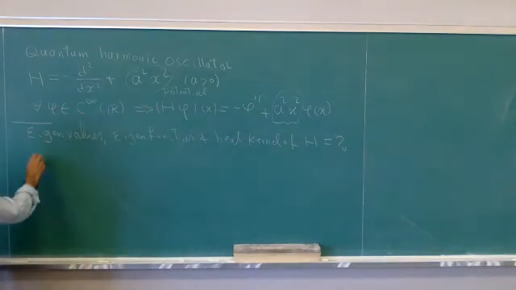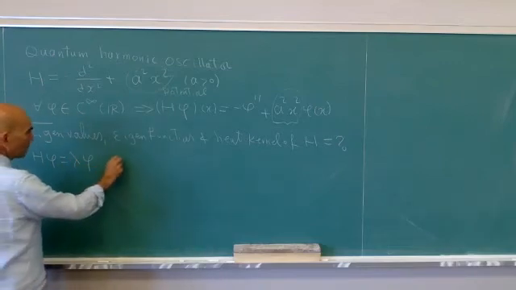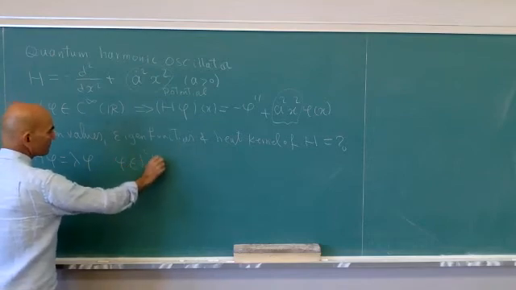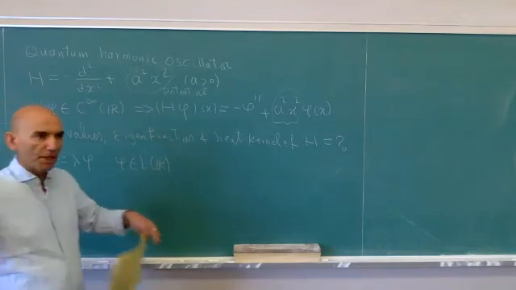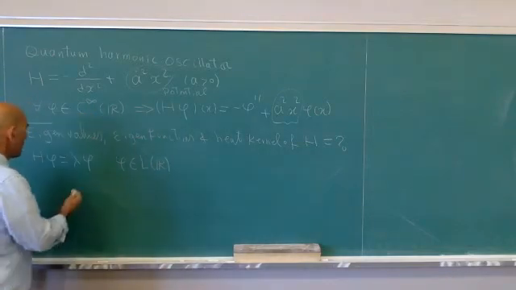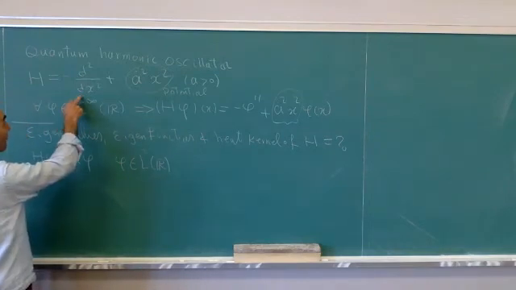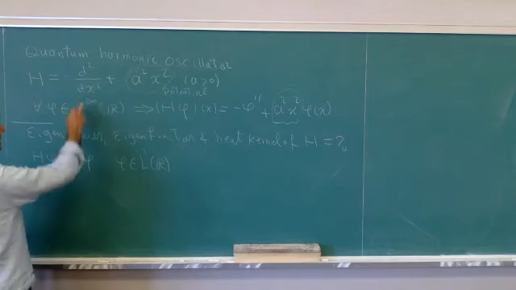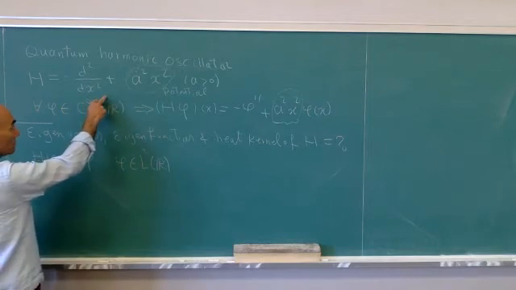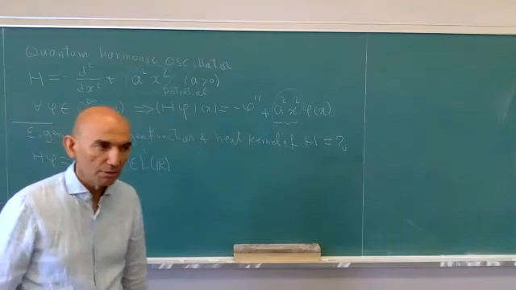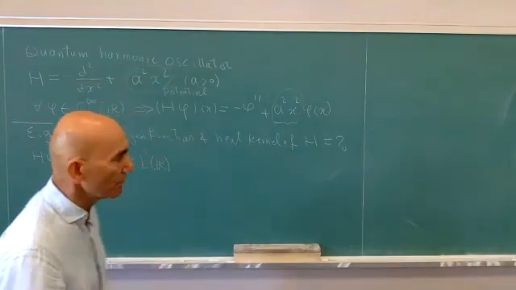In other words, basically we want to solve equations like this: H phi equal to lambda phi. Now, this phi has to be in L2 of R. There should be some decay condition at infinity. If you don't impose a condition like this, the equation would have a solution for any lambda, because this is a second order differential equation. For any lambda, it's still second order, you get two solutions. That's not what we want to do.